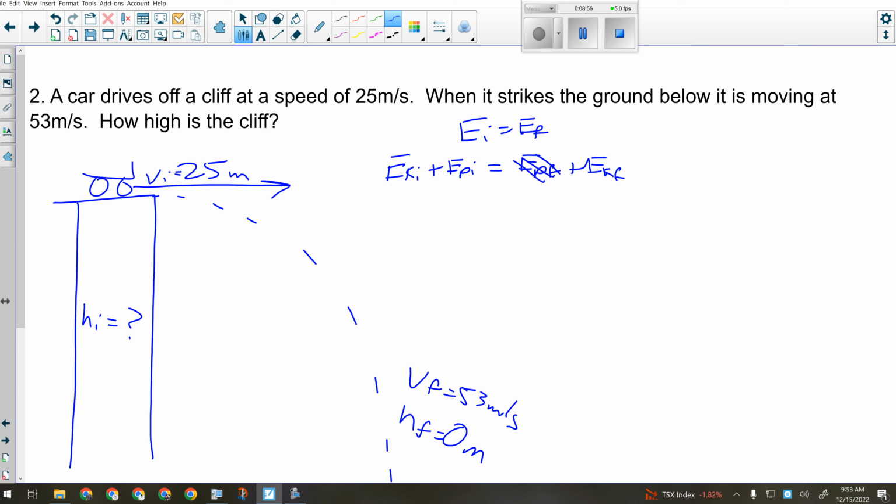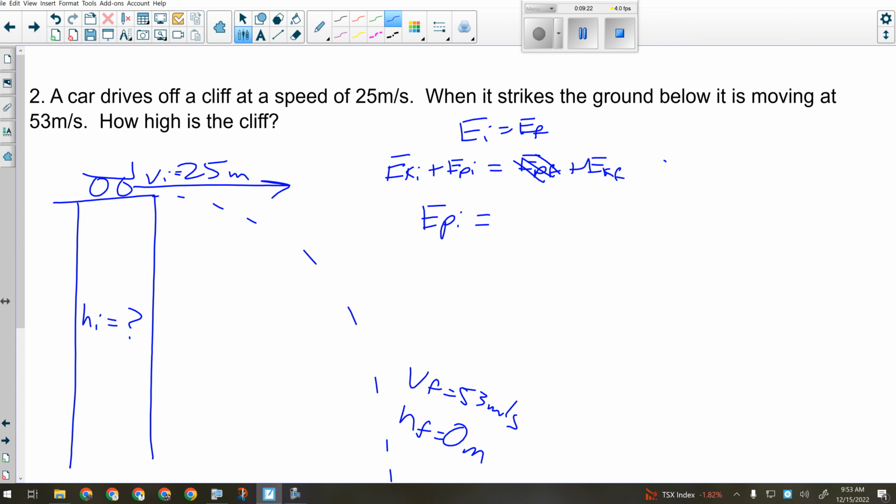Right, so now we can go 1/2 mvi squared plus mghi equals mghf. Whoops, sorry, I screwed that up. No, we do have to do a manipulation. I'm going to have to solve for EP initial, so I do have to subtract this over to the other side. Sorry, I got carried away.